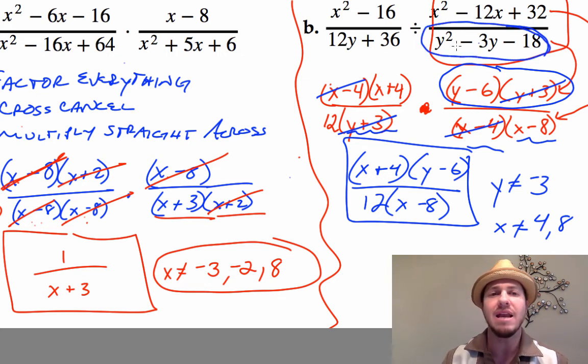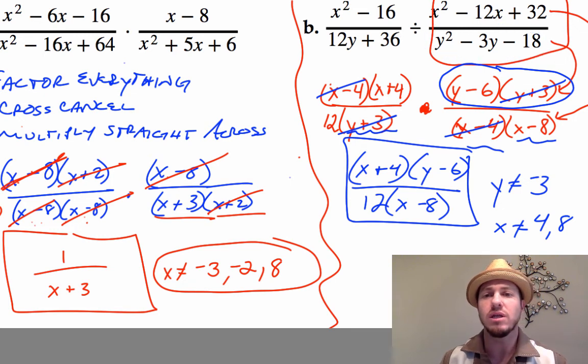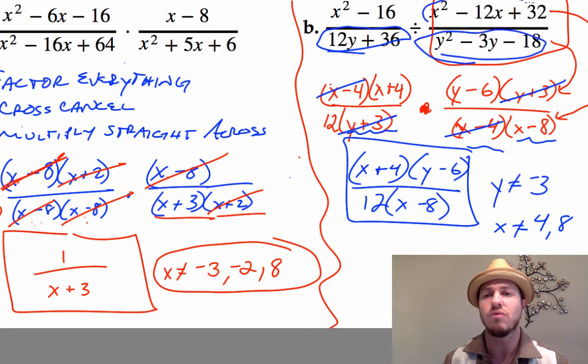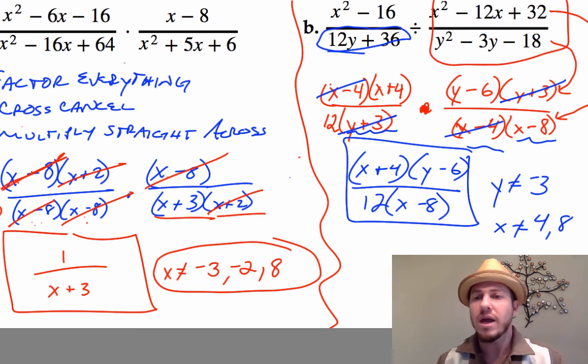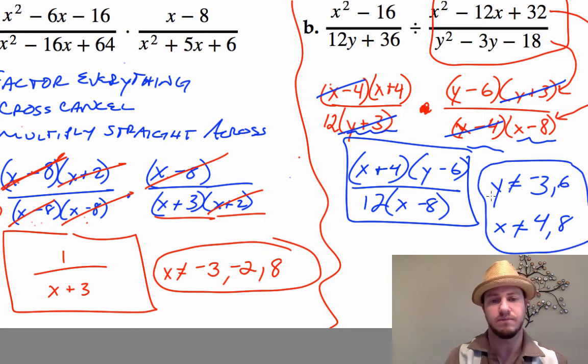So with the dividing problem, you're getting your restriction from this denominator, and because you're going to write that and write the reciprocal of it, you also need to get it from here. So you're getting your restrictions from all three of those parts. So it's also y cannot equal 6, and this one would be negative 3 again. So those are my restrictions.